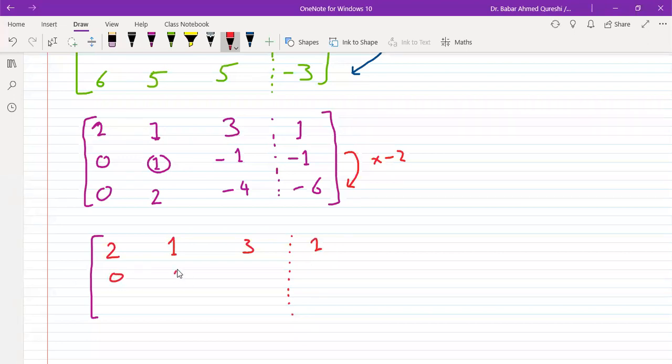This row is also not being touched now. I get a 0 here, 0 here, -2 into -1, I get a 2, so I get a -2... and -2 into -1, I get a 2. 2 added to -6 gives me a -4.